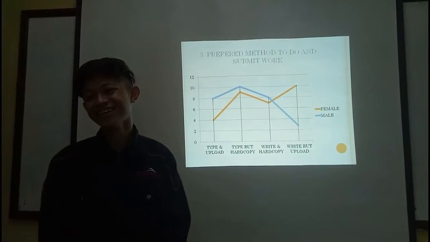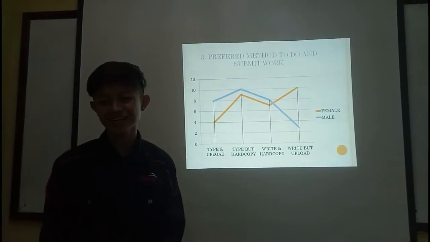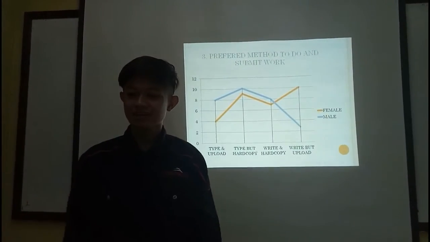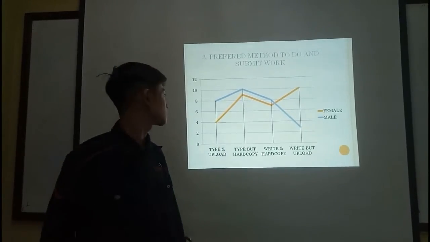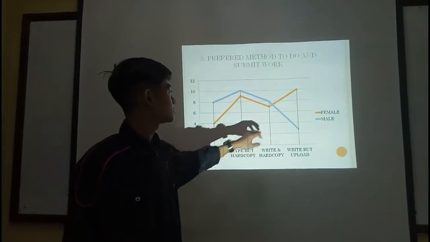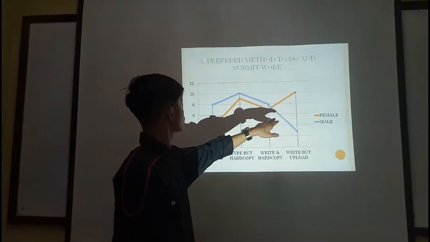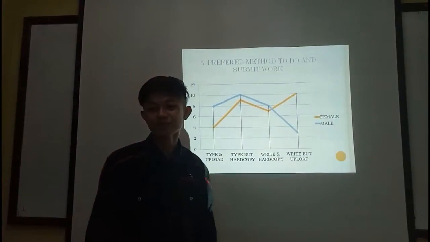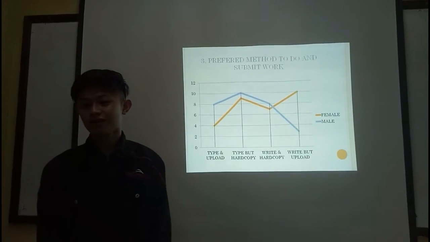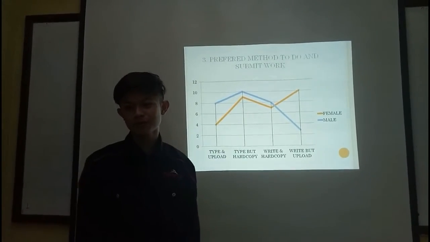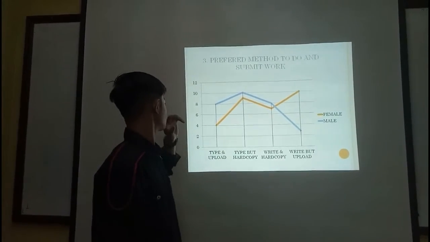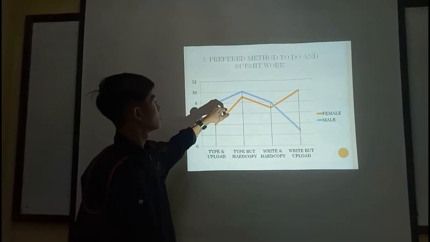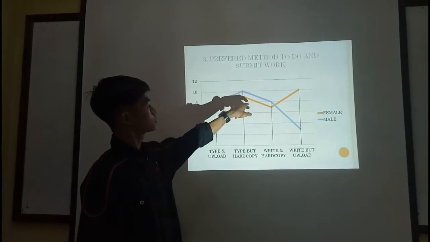Another thing which stands out in this chart is that it went down steadily to 7, and then it goes higher to 10. Okay, for males, they start from 8 and then go to 10.